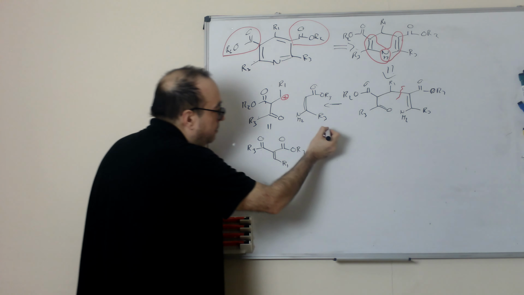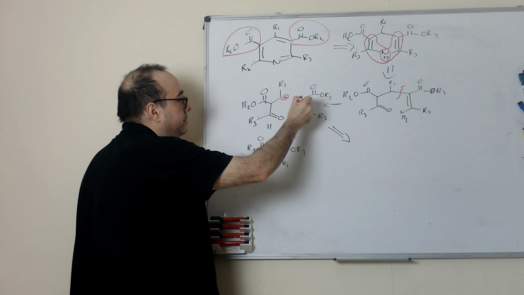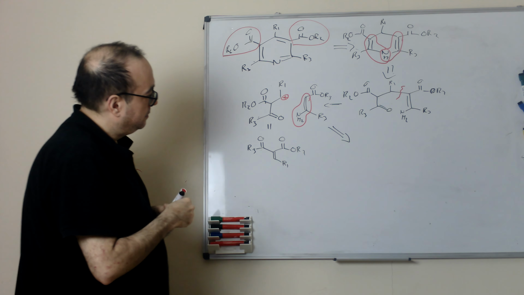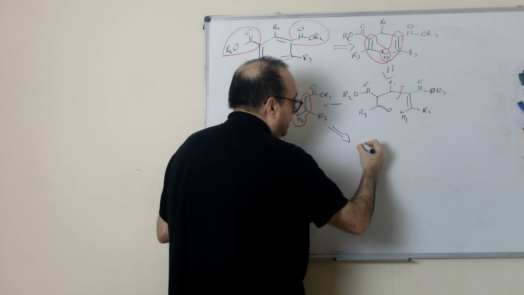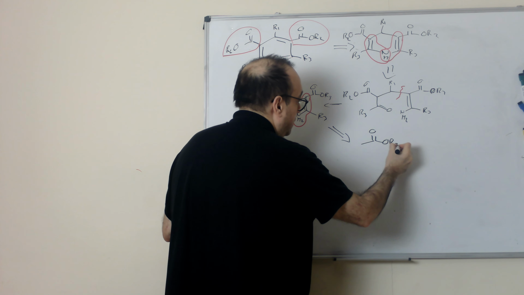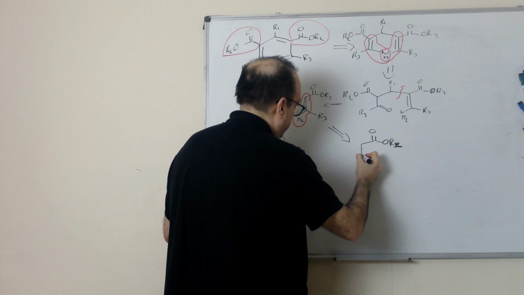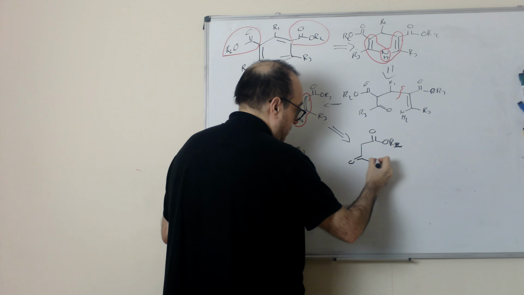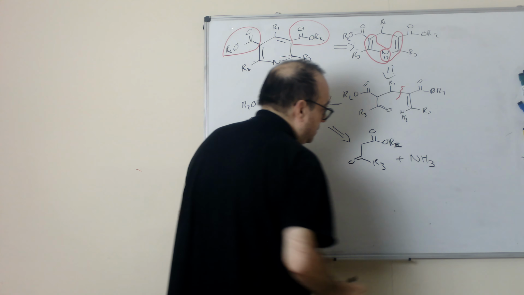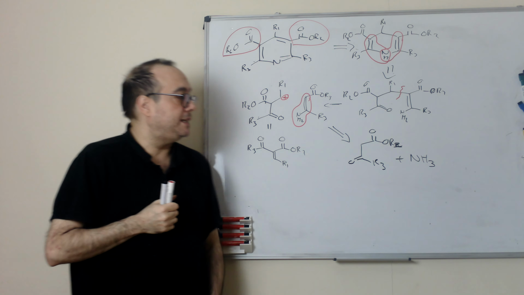And this nucleophile basically is, here we have an enamine. That means that this is coming from the ketoester plus amino.